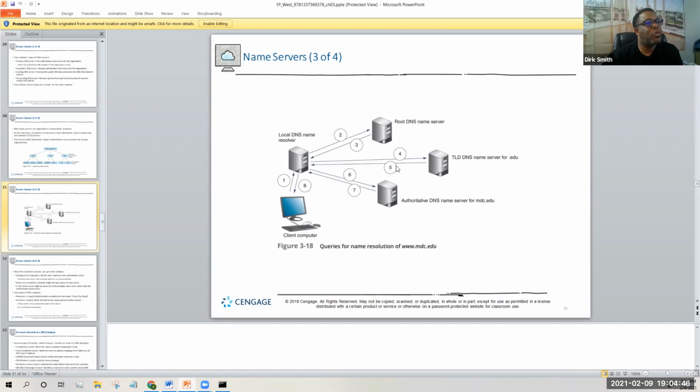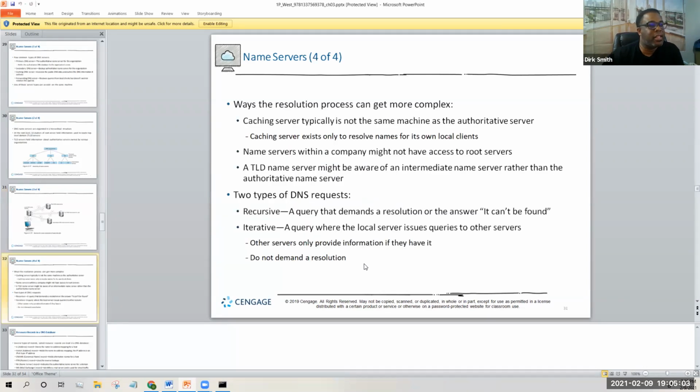Then it goes out to the TLD name server to find the .edu you were looking for, finds it, and goes back. This is all done in the blink of an eye, in milliseconds. You've seen how fast you can go to Google's website. It's broken down as if a lot is going on, which there is, but it's all happening literally in the blink of an eye.